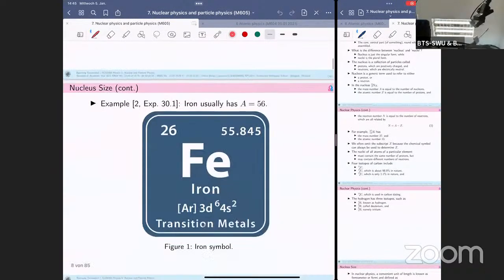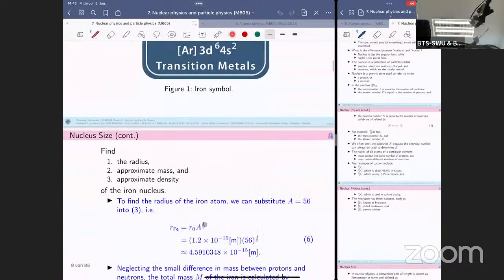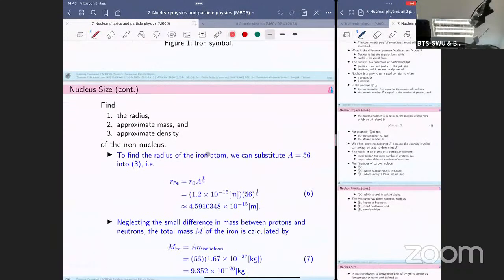So the radius of iron will be R0 A to the power 1/3. We take the cube root of 56 and multiply with this value, and you get the radius in meters, equal to 4.6 times 10⁻¹⁵ meter only.